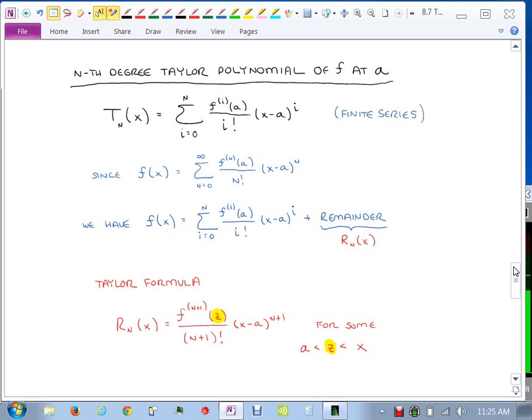And here's a formula for the remainder. Now, we're not going to get into this in depth at all. I'm just showing it to you. The thing is, there are ways that we can get a bound on that remainder. We're not going to do it in here, all right, because we just don't have time. But there's a way to know how big that remainder could possibly be. So we can know how much error we have.